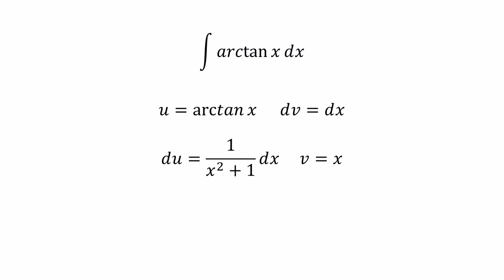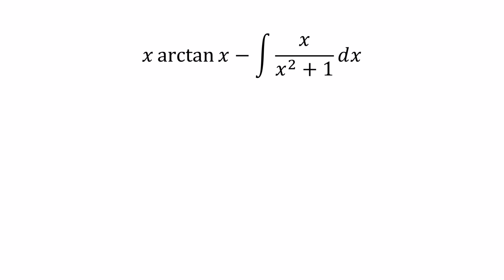du equals 1 over x squared plus 1 dx and v equals x. Applying the integration by parts formula then gives x arctangent of x minus the integral of x over x squared plus 1 dx.